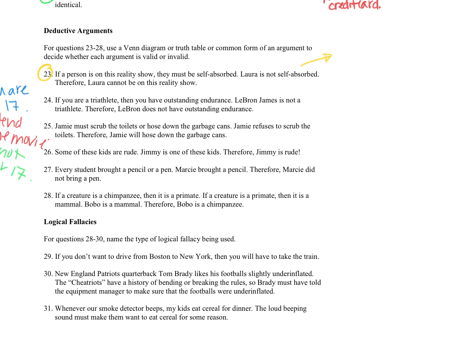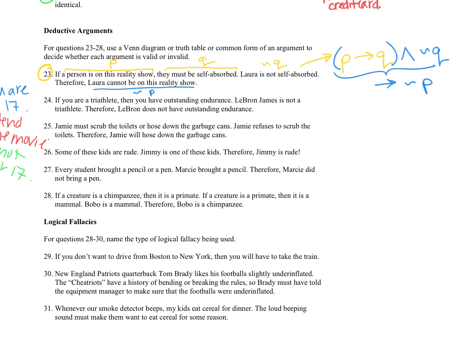We have that a person is on a reality show, we call that P, and being self-absorbed, we'll call that Q. So we have that P implies Q. We have that Laura is not self-absorbed, so we have and not Q. So remember, we're putting the argument together. We combine the statements with the word and, then we want to show that this whole thing will imply that Laura cannot be on this reality show, which would be negate P. So we want to see that it is equal to negate P.